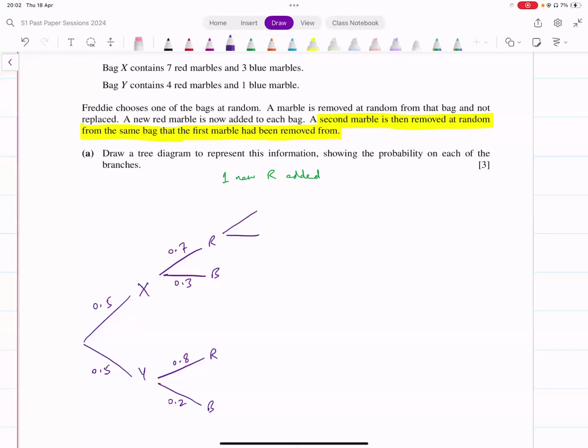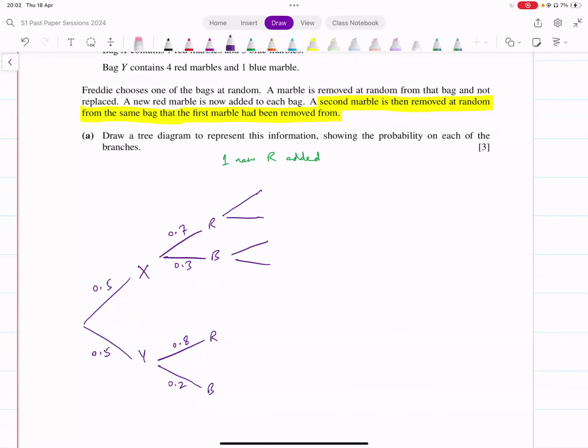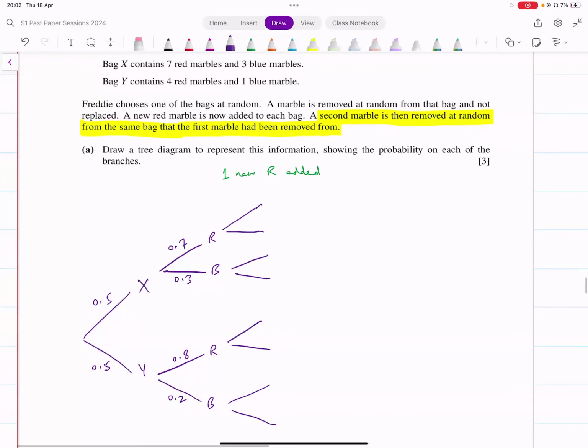There are 2 possibilities here. Similarly, if the first marble was removed from bag Y, again, you have 2 possibilities here. For the second time you choose a marble, again, you've got 2 possibilities for each of these cases. You could either have a red marble or a blue marble, red or blue, red, blue.